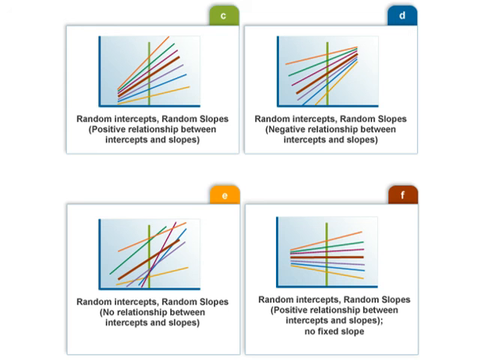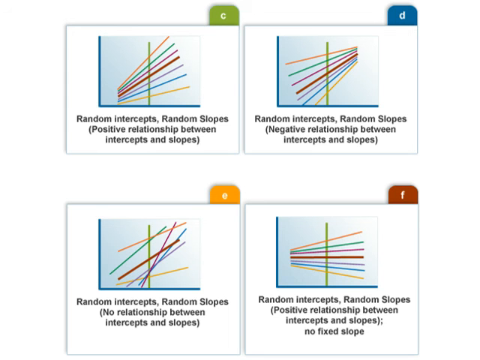Then we have random intercepts, random slopes, and this time we have a negative relationship rather than a positive relationship between intercepts and slopes, meaning that in C we see that basically the slope lines are increasing based on the intercept, whereas you see that in D the slope line is decreasing based on the intercept.